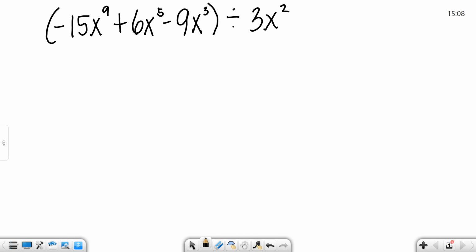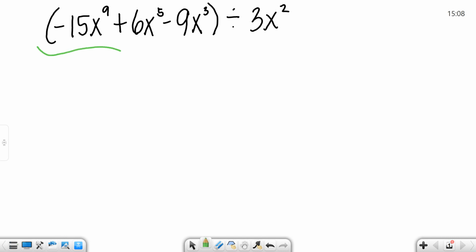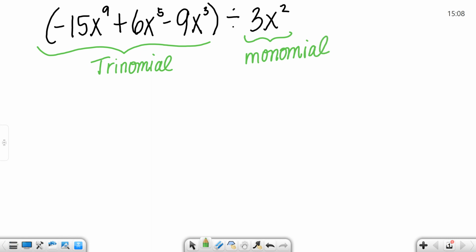All right. So just for the sake of making sure we all are understanding our vocabulary, right? In parentheses here we have a trinomial. Okay, it has 3 terms. Over here it is 1 term. It is called a monomial. Just making sure we're good on our vocab.